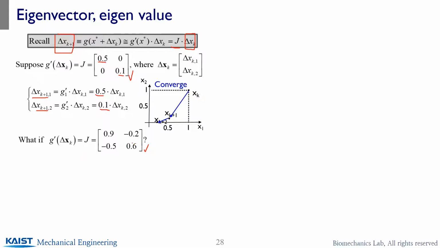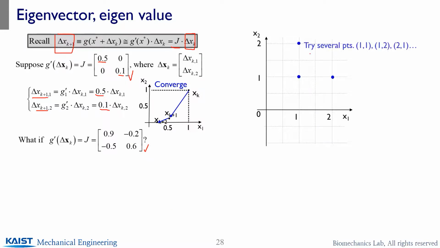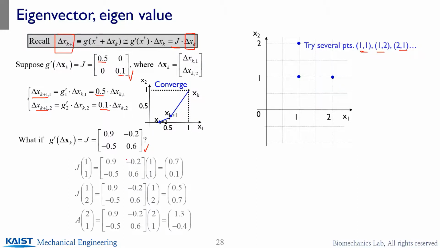It looks like all entries are smaller than 1, so maybe converging. But let's try some examples. For deviations of (0.1, 1), (1, 2), (2, 1), what would happen for that Jacobian matrix multiplication? So each point multiplied by the Jacobian has moved to this black dot.